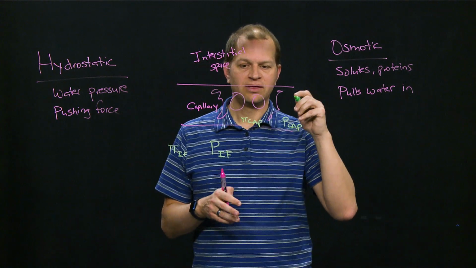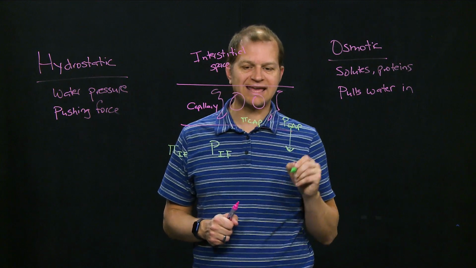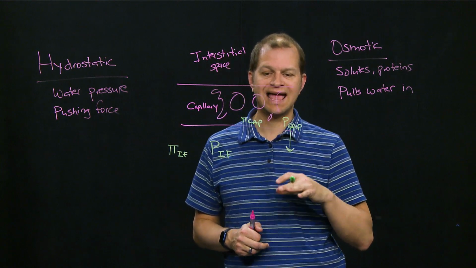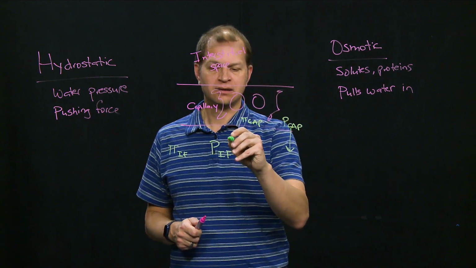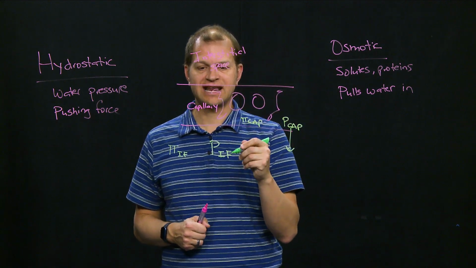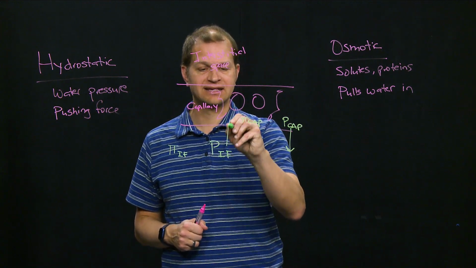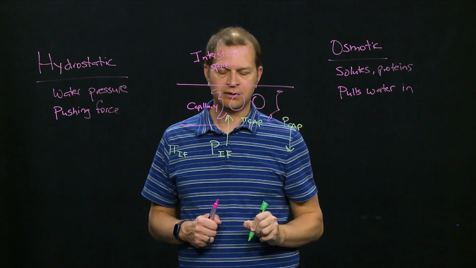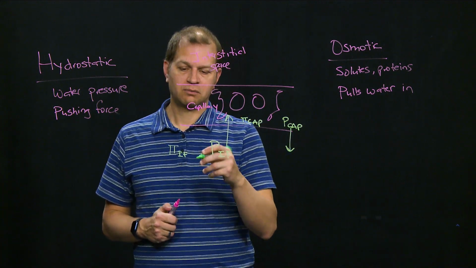Remember, the hydrostatic pressures are pushing, so hydrostatic capillary pressure is going to push fluid out of the capillary into the interstitial space. However, the hydrostatic pressure in the interstitial fluid is going to push fluid out of the interstitial space into the capillary. Now, the reverse is true when it comes to the osmotic pressure.